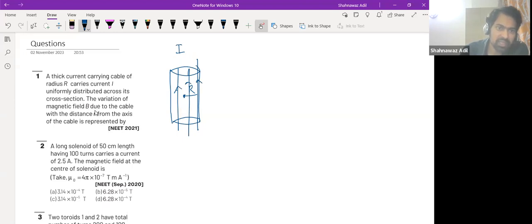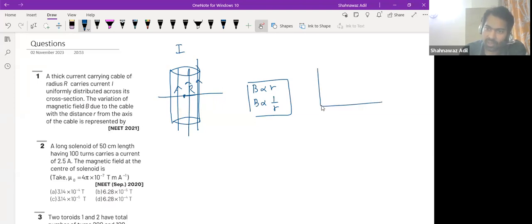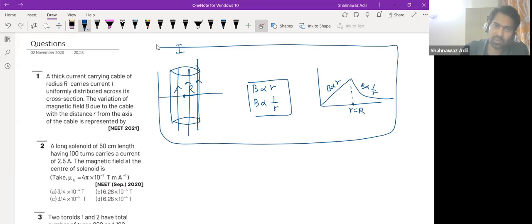The variation of magnetic field due to the cable with the distance r from the axis of the cable is represented by which graph? We already know that B inside varies as r and B outside as 1 over r. So at the boundary, this would be the variation. This was the first question, and all the rest of the questions we will do in the next class.